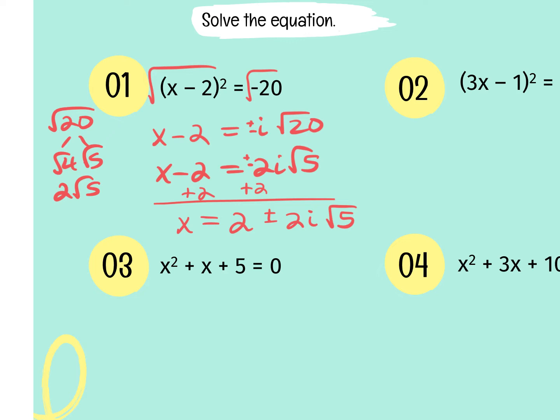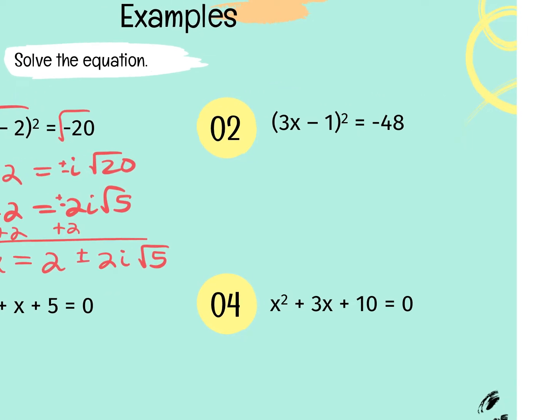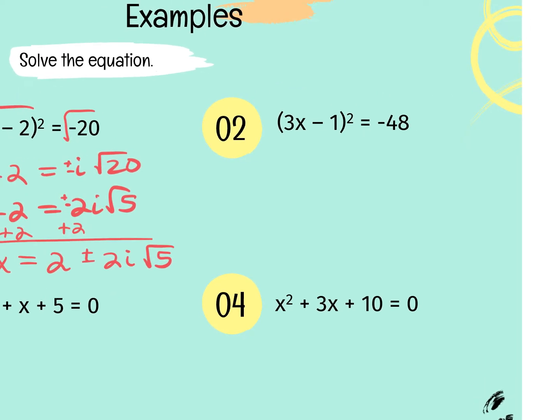Next one, I'm going to do exactly the same thing because it's set up nice and pretty to use that square root method. So I'm going to square root both sides because my square term is already isolated. Once I square root the 3x minus 1, it comes out. Again, you can go ahead and pull the i out first and then break down the 48.